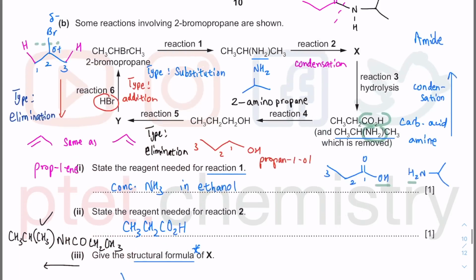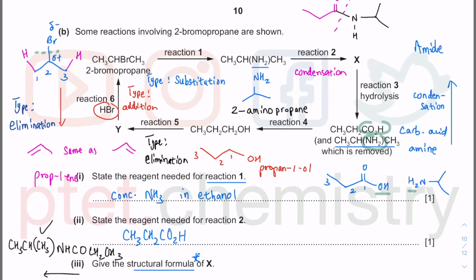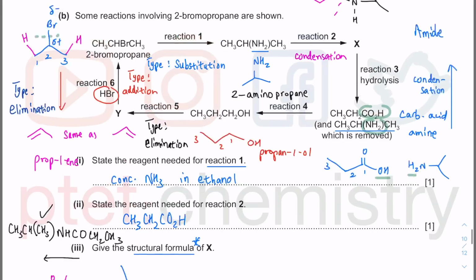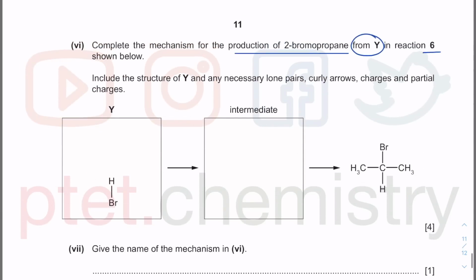Reaction 6 was alkene, propene, adding HBr onto it to give the halogenoalkane, so it's the electrophilic addition mechanism. So what we are getting there is this plus HBr, and then we get this 2-bromopropane there. So we need to complete this electrophilic addition mechanism for alkene.